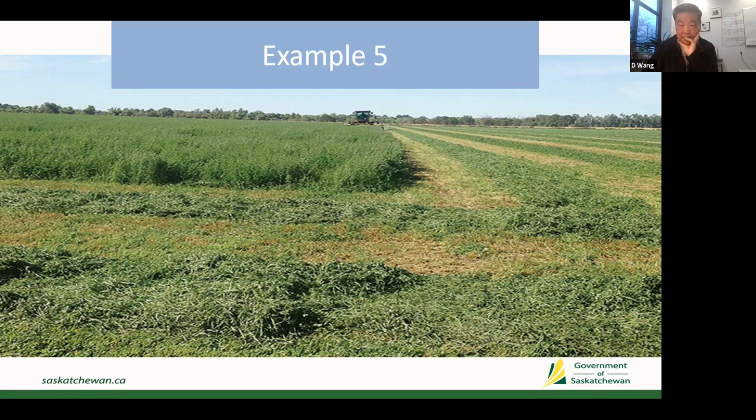What I want to say is, when you grow alfalfa, you do need to think about mechanical weed control, because when alfalfa is small, it doesn't have that kind of huge suppression power. So you need to help alfalfa establish with mechanical control.